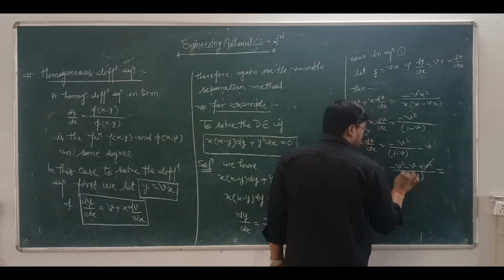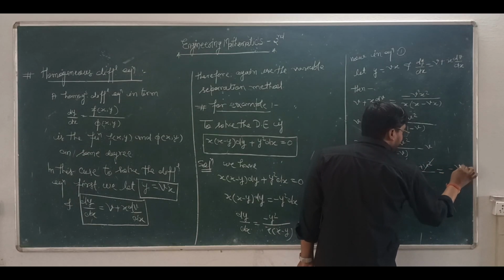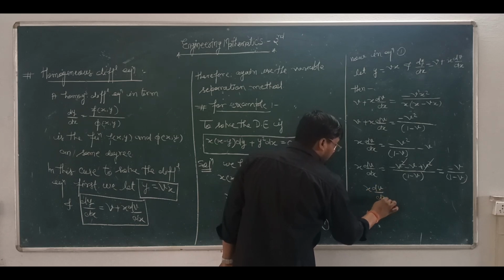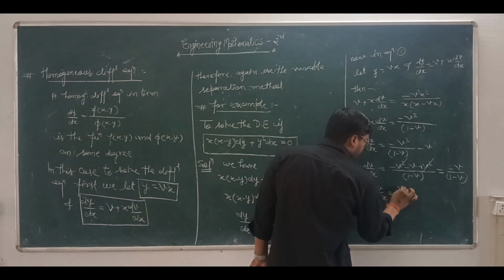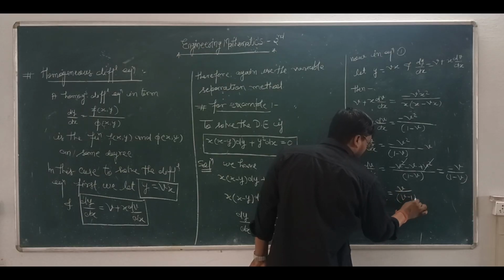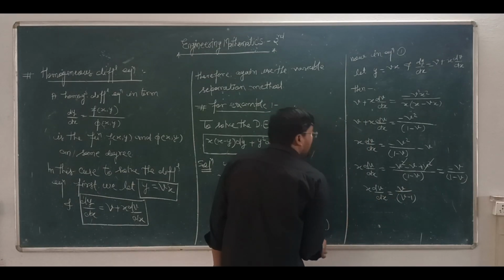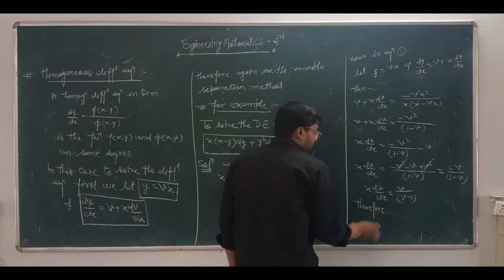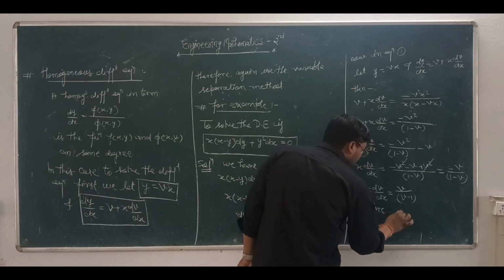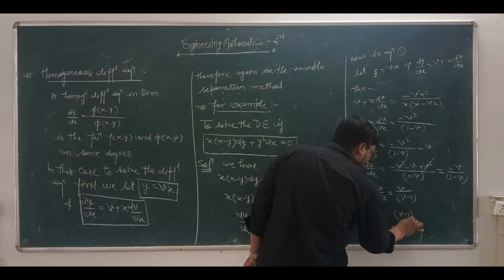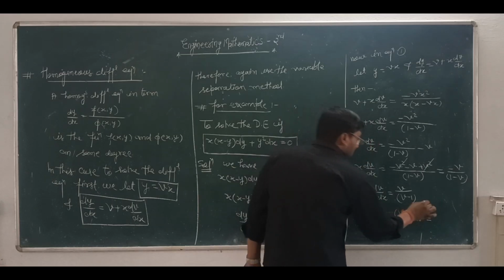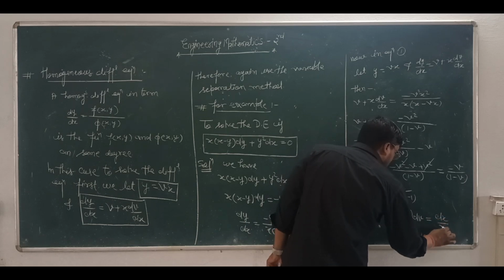Now this is cancelable, so you can write minus v upon 1 minus v. Now x dv upon dx is equal to v upon v minus 1. Therefore, you can write (v minus 1) upon v dv is equal to dx upon x.